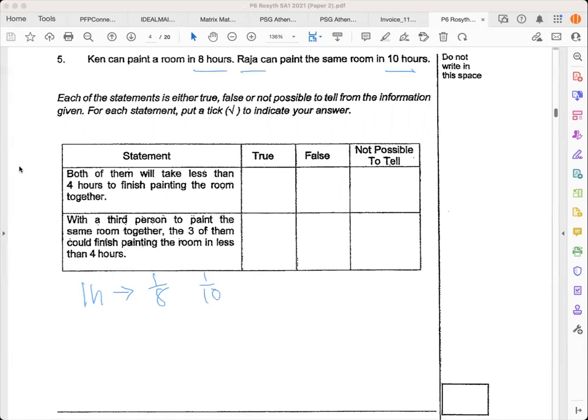If they were to work together, that's the proportion of the room that can get painted. So 1/8 plus 1/10. Use your calculator, and you get 9/40. So in 1 hour together, they can paint 9 out of 40 of the room.